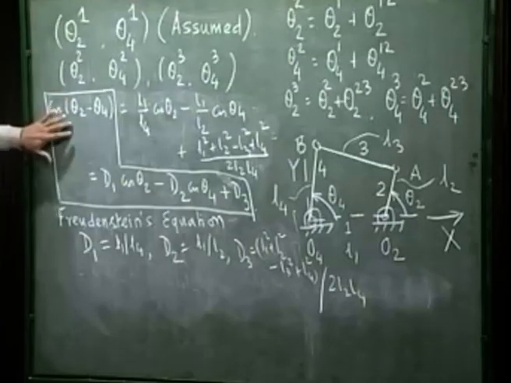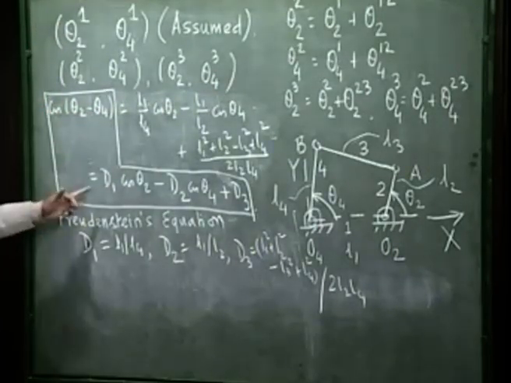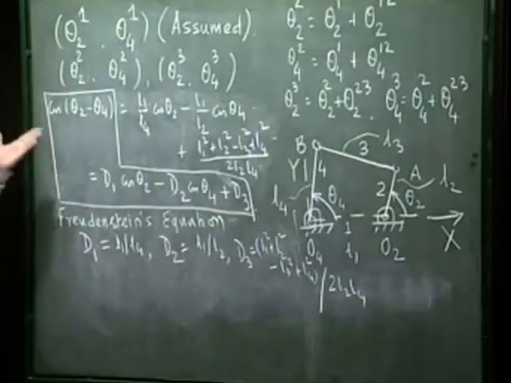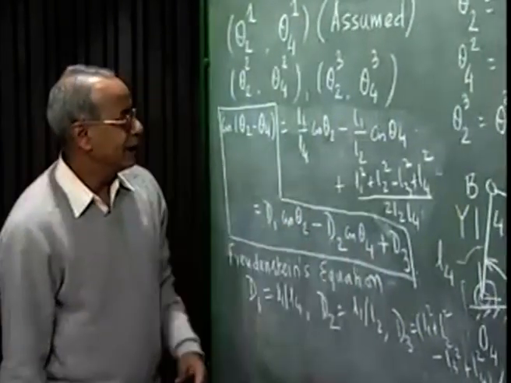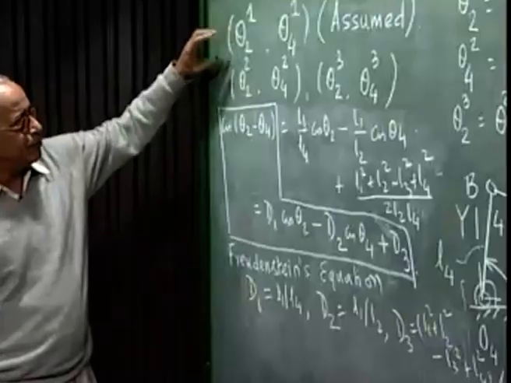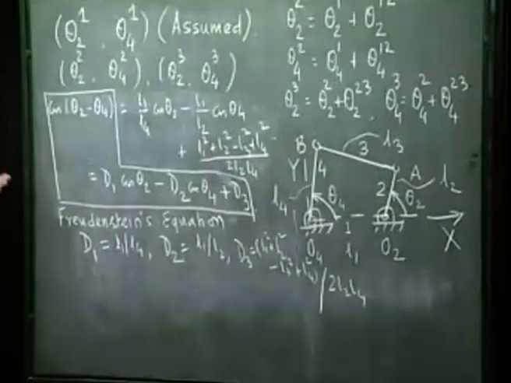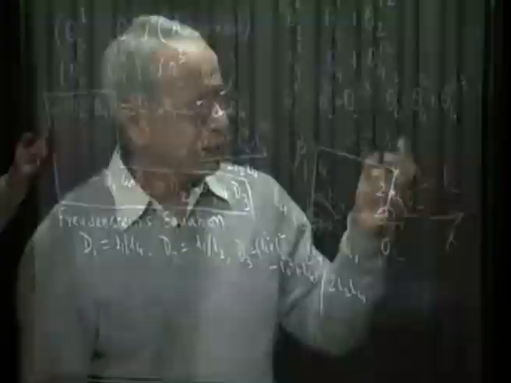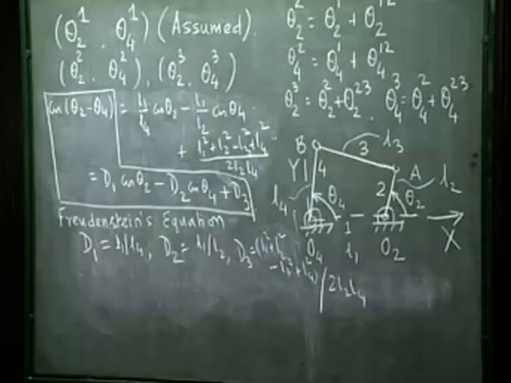Because the values of theta 2 and theta 4 are known, the only unknowns are D1, D2 and D3, and this equation is linear, so I can easily solve for them. And this is what is known as Freudenstein's method of function generation for three position synthesis by a four-bar linkage.